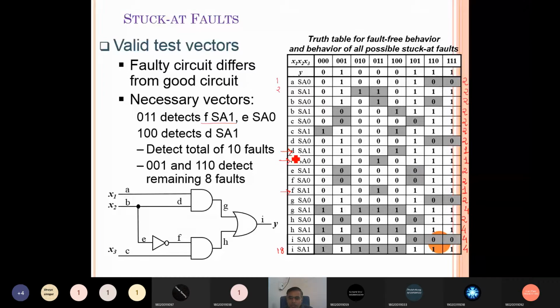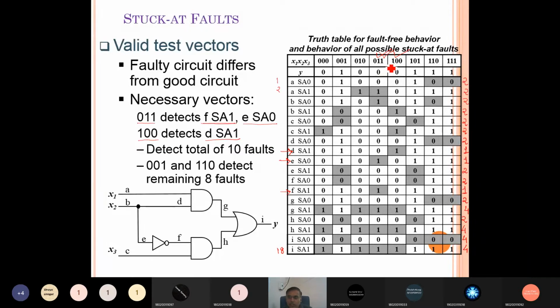To detect D stuck at 1, we require the combination 1, 0, 0. To detect E stuck at 0, we require 0, 1, 1. And to detect F stuck at 1, we require again 0, 1, 1. So if you keep 0, 1, 1, it will detect two faults: F stuck at 1 and E stuck at 0. And by keeping 100 it detects D stuck at 1.